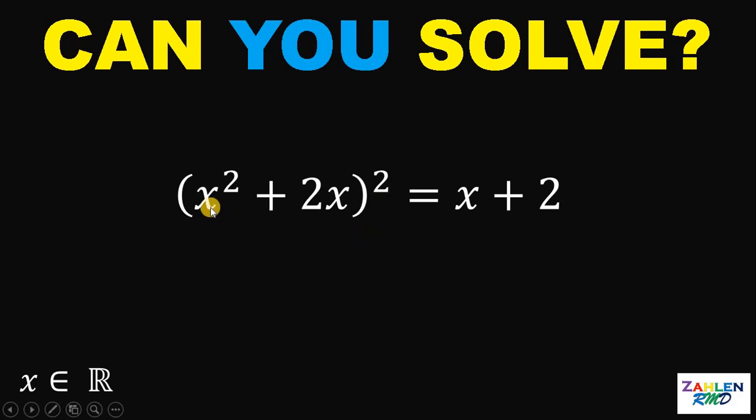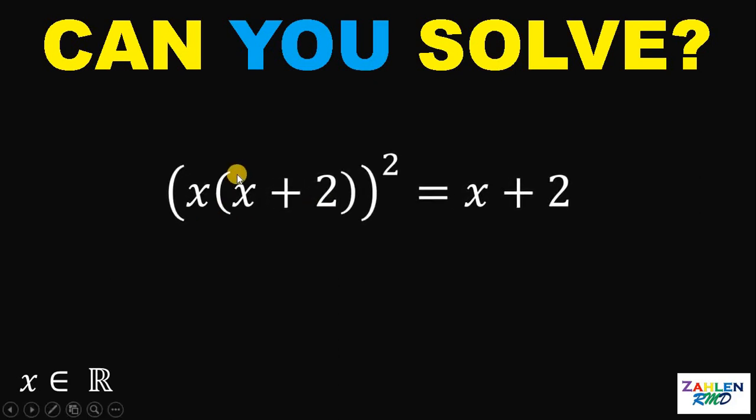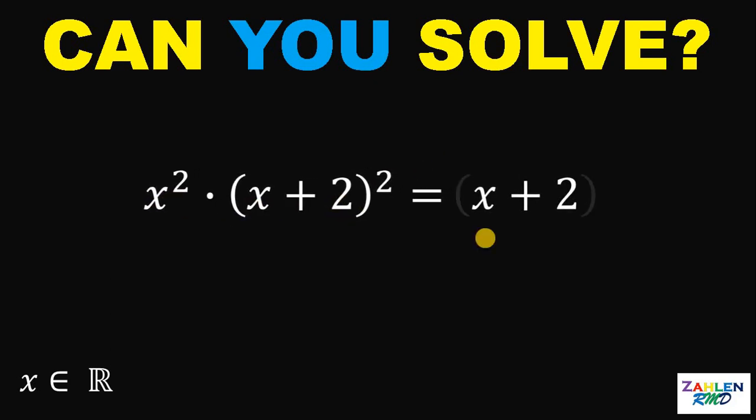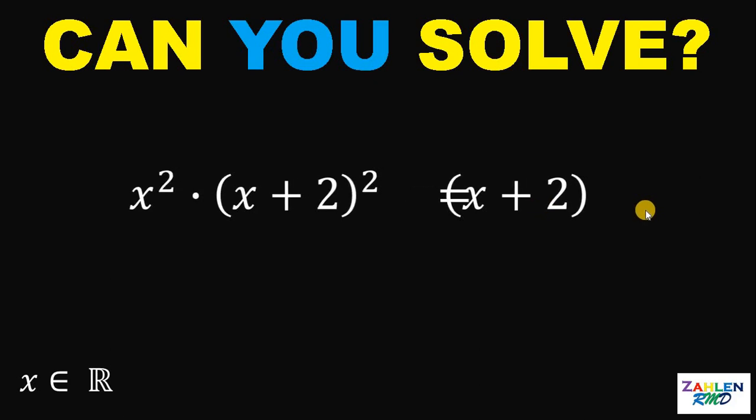Now, if we factor out x on this expression, this is just x multiplied by x plus 2. Why we do that? Because take note that we have also a factor of x plus 2 on the right-hand side. But x times x plus 2 quantity squared can be written as x squared times x plus 2 quantity squared. And now, let's subtract x plus 2 on both sides.